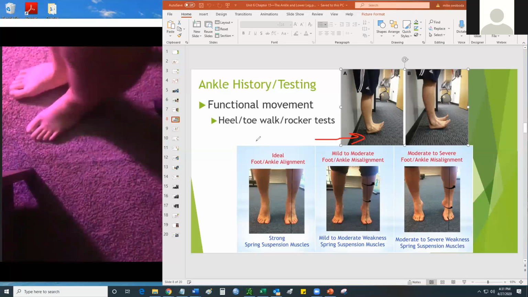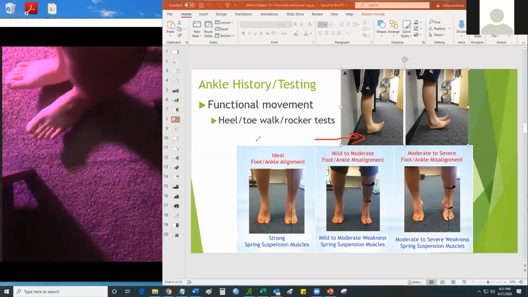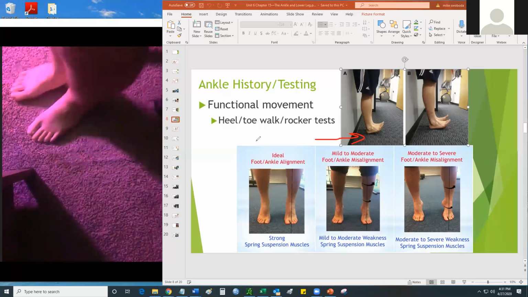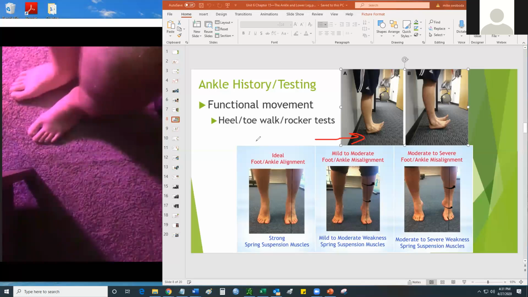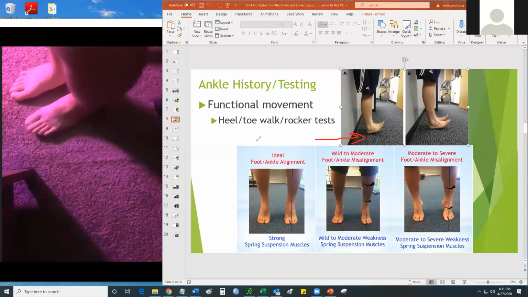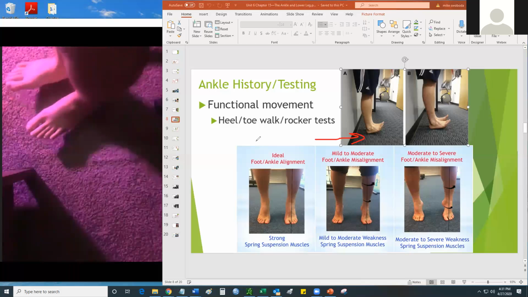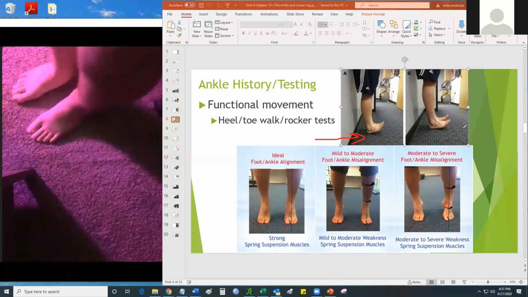If you have, say, shin splints, or an injury to your tibialis muscle, which is going to cause dorsiflexion, which is bringing your toes up in the air, heels on the ground, it'll show here because you'll see that one foot is lower than the other foot.